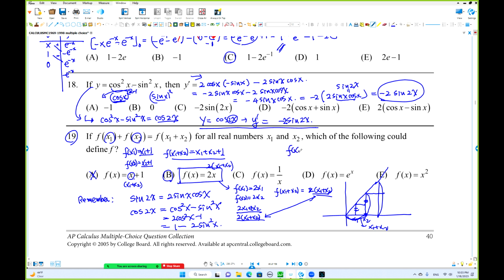F of x1 is e to the x1, f of x2 is e to the x2, and the sum is e to the x1 plus e to the x2. But f of x1 plus x2 is e to the x1 times e to the x2, not plus. That is not working.